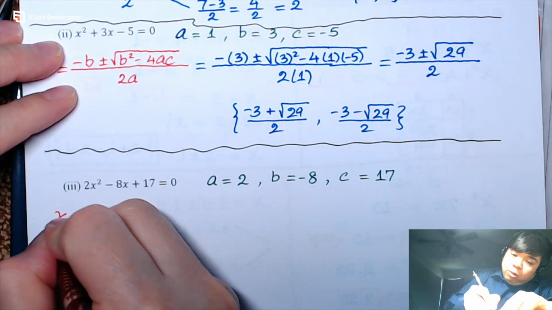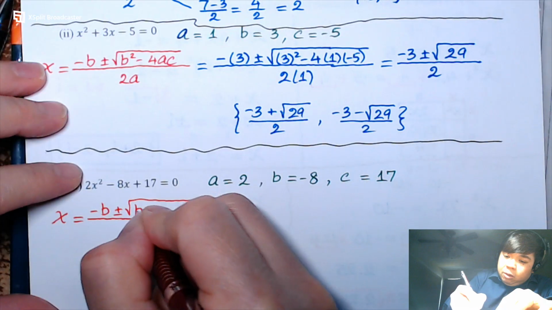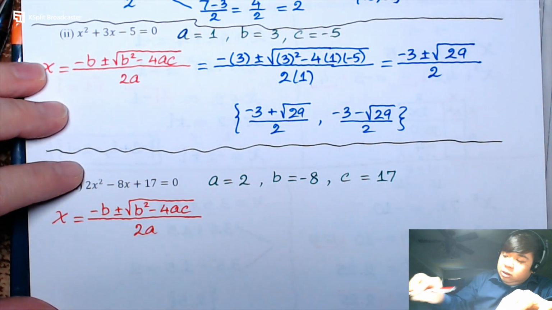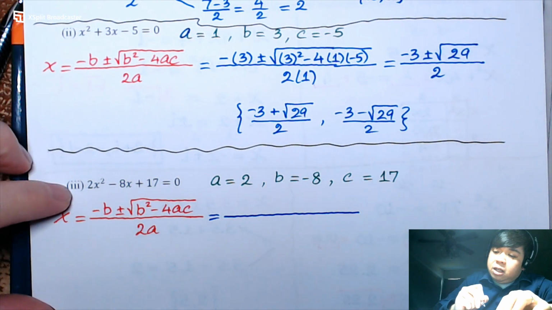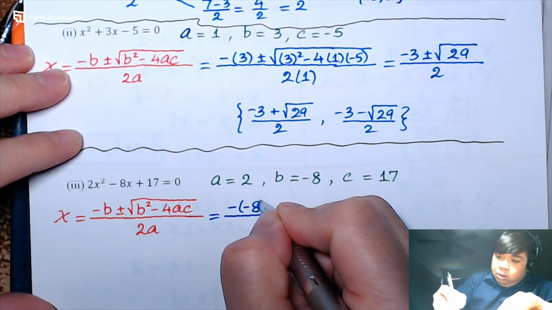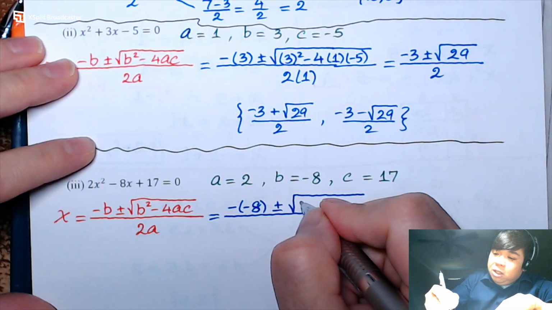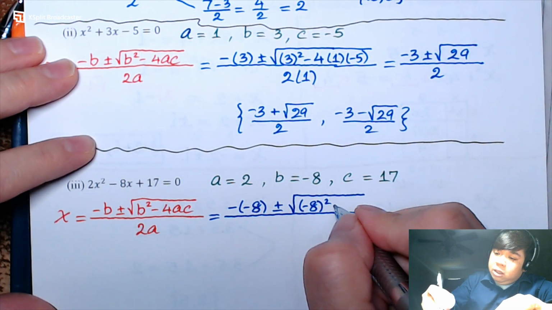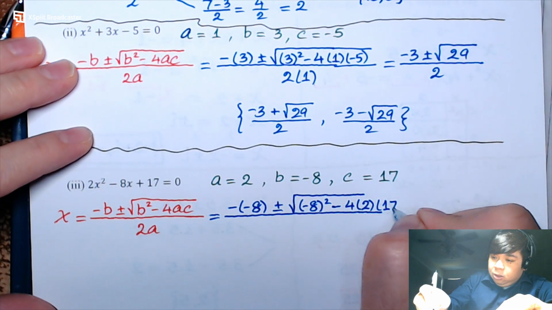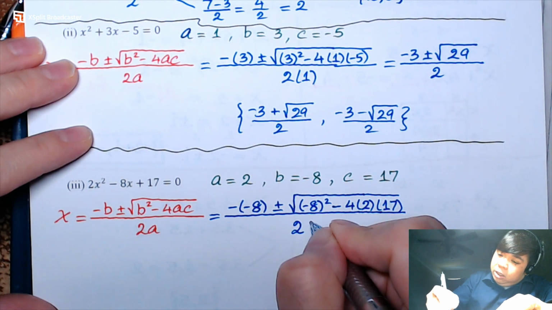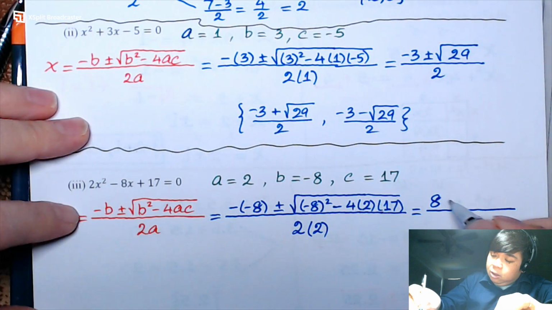And put in the quadratic formula: negative b plus or minus square root of b squared minus 4ac, over 2a. b is negative 8, so negative negative 8, plus or minus square root of b squared, negative 8 squared, minus 4ac, over 2a. Negative and negative, that's 8 plus or minus square root.